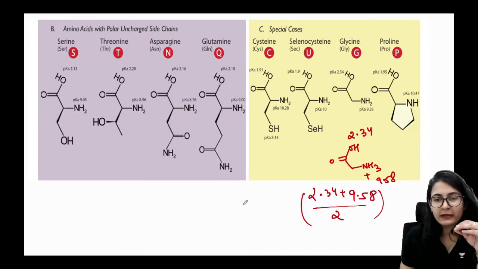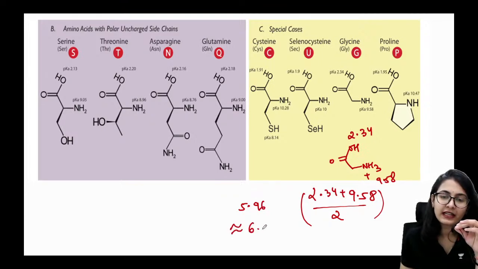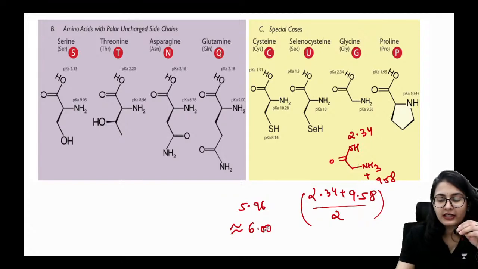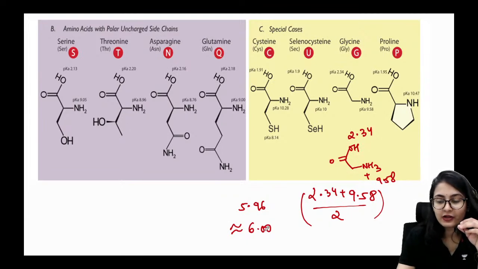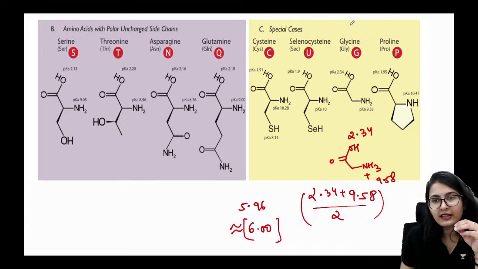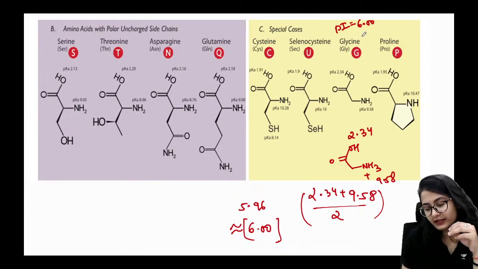It is approximately 5.96, but we are not going to take it like this. We will approximately take it as 6.00. Okay. So if a question like this comes in GATE, then you might consider 5.96, otherwise you are going to consider 6.00. So for glycine, the isoelectric pH, Pi, is equal to 6.00. Yes, you can consider that roughly.